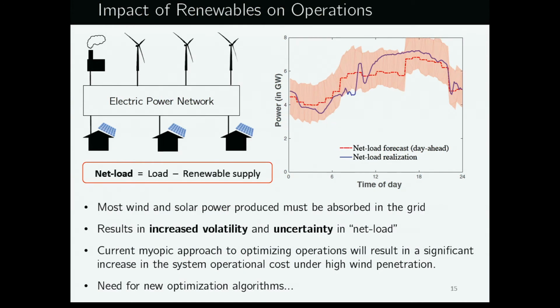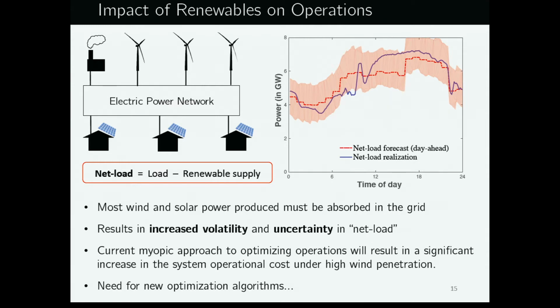I'll skip over this quickly because I touched on many of these issues earlier. The increase in renewable supply in the power system is going to amplify the amount of uncertainty. Whereas the realized demand profile previously was very close to the forecast, when you have a lot of wind on the system and it's treated as negative load, namely the system operator has to take it, you'll realize a trajectory which is more variable, has ramps, and can be quite different from the day-ahead forecast.